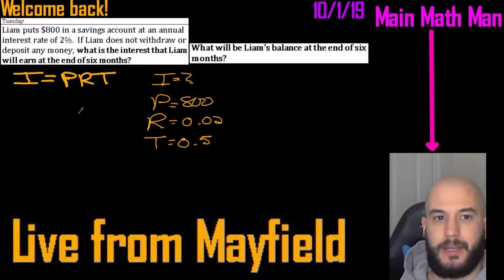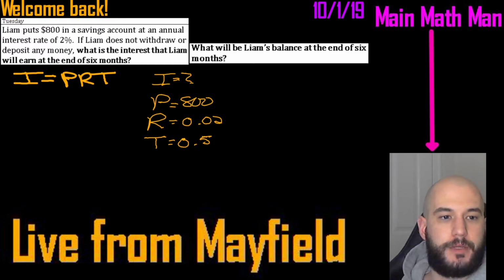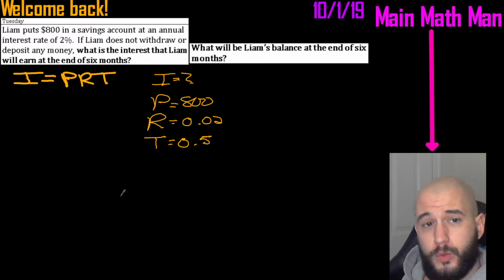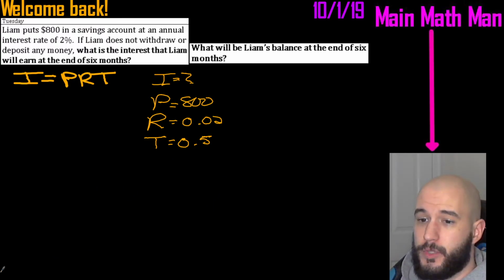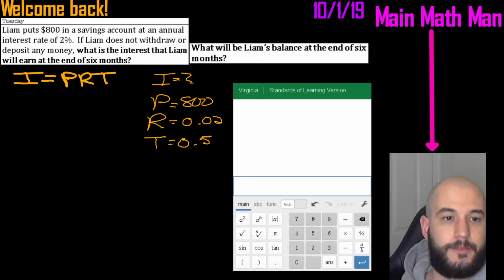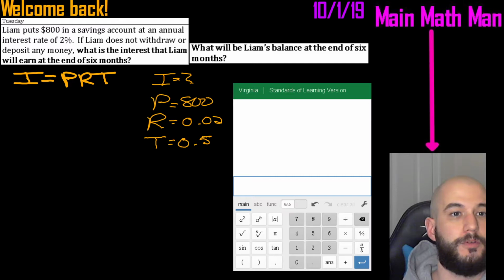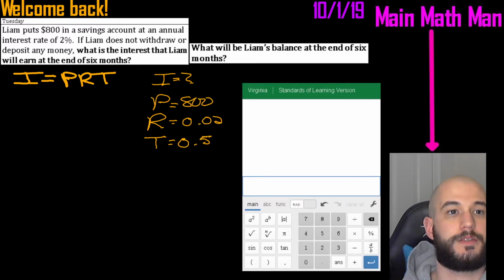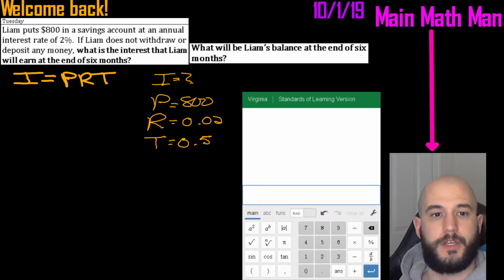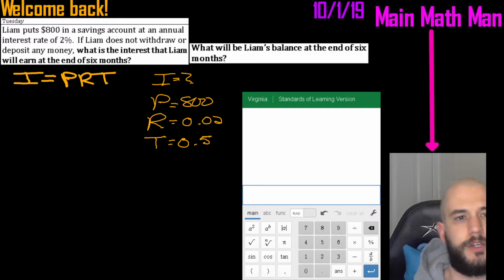Now, very simply, all you need is your wonderful Desmos calculator or your handheld, whichever works best for you. I have my Desmos calculator pulled up.